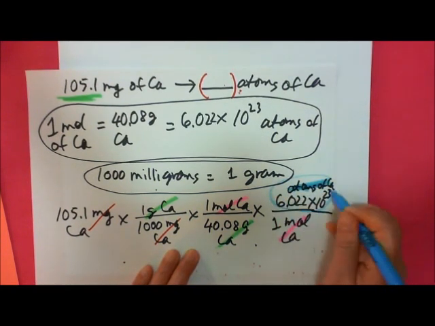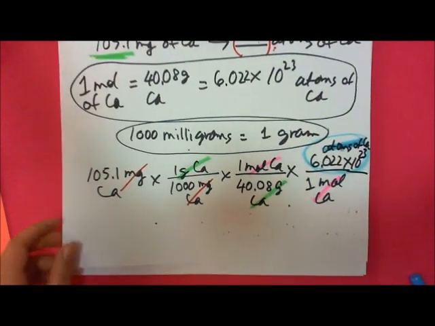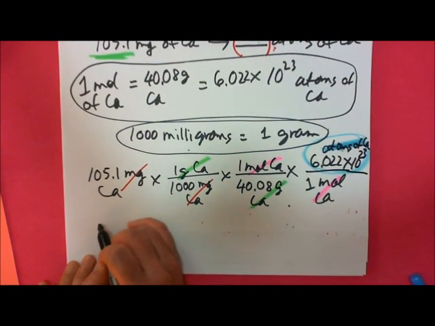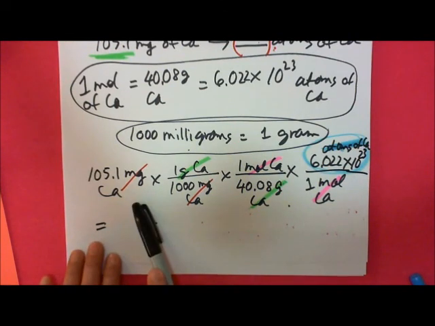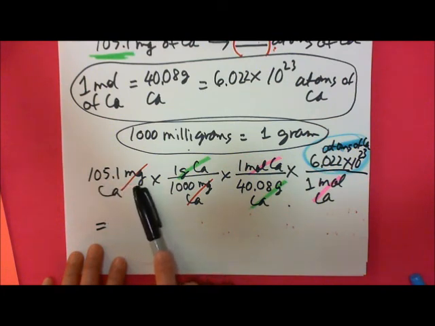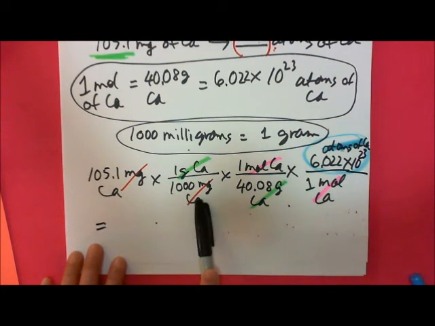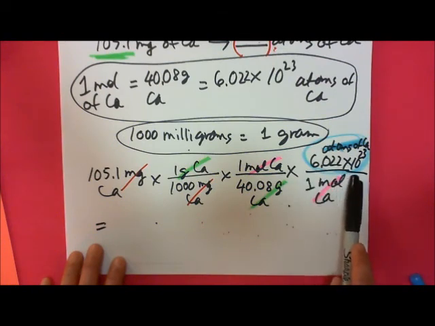This is the only thing that I still have left at the end of the calculation, because everything else has canceled out. So I stick it into my calculator, and keep in mind that all you have to do is enter sequentially 105.1 milligrams, punch the divide button, punch in the 1,000, punch the divide button, push in the 40.08, and then punch your multiply sign and put in this as an exponential number.